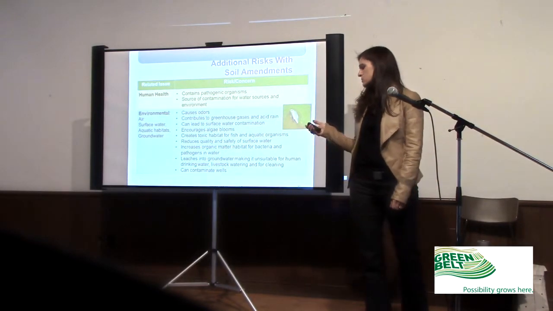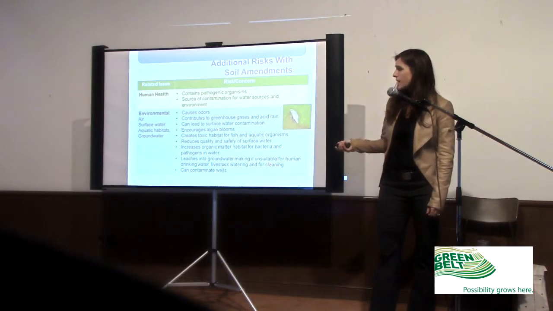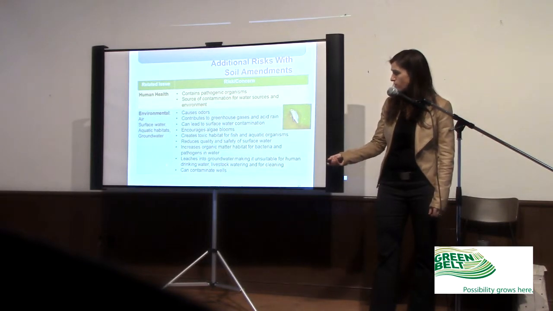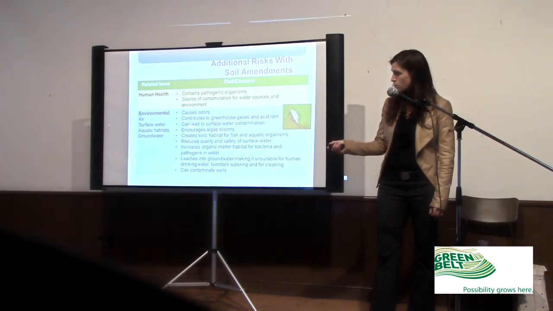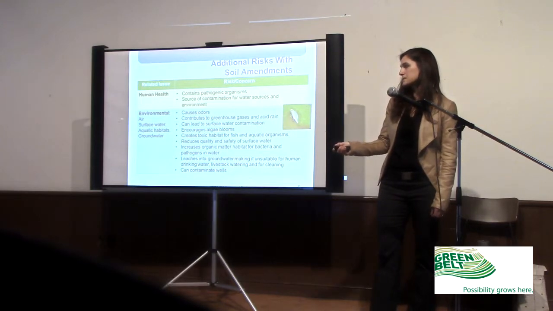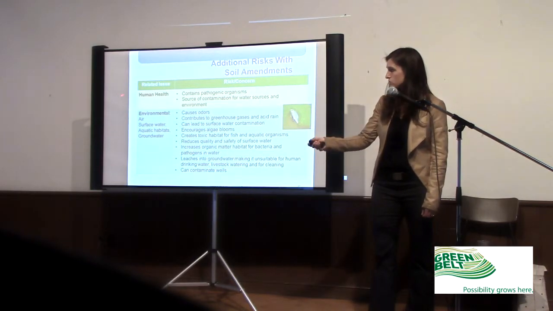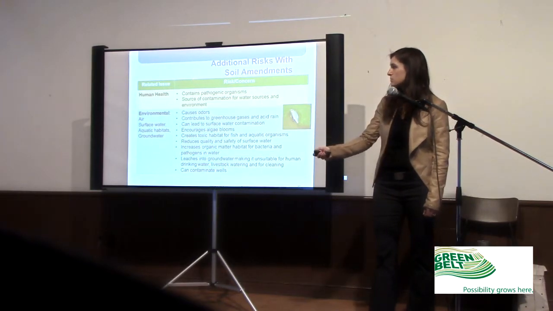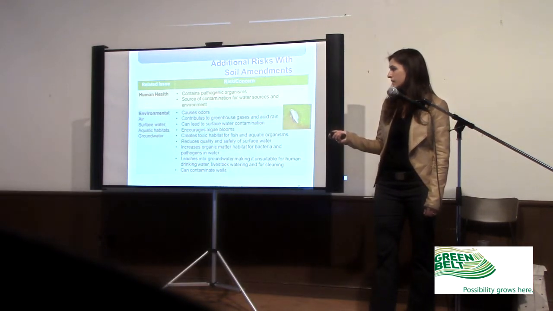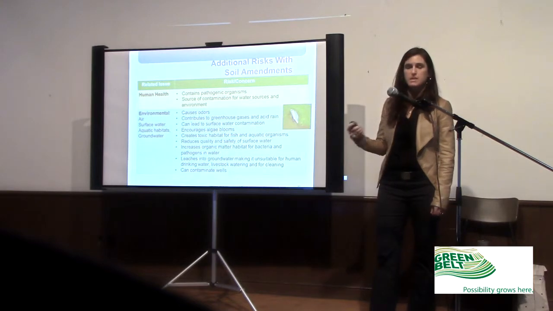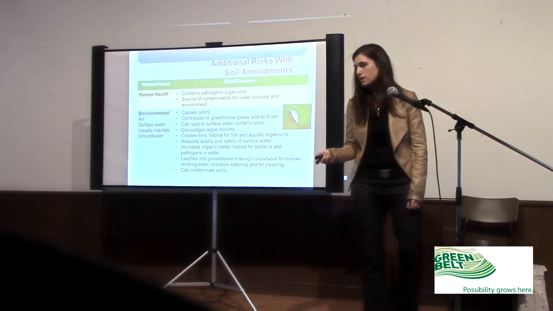So there's a lot of risks when we use soil amendments. Most of them would fall into the environmental type, so air contamination and surface water. Surface water is a main concern for us, but it's almost a secondary factor, because what we're concerned about is the risk to human health. And again, that relates back to what it contains and how it can contaminate other things that we use to grow our product.